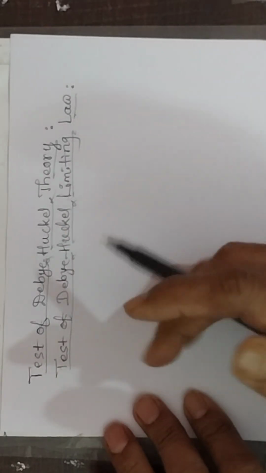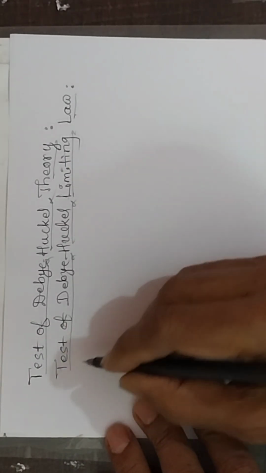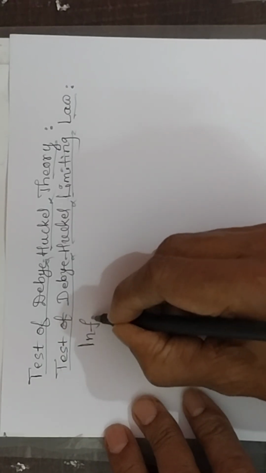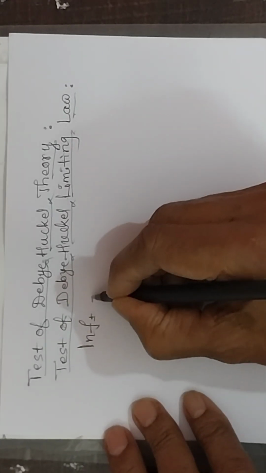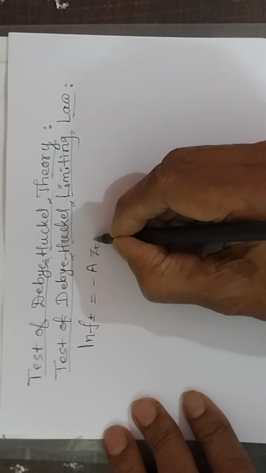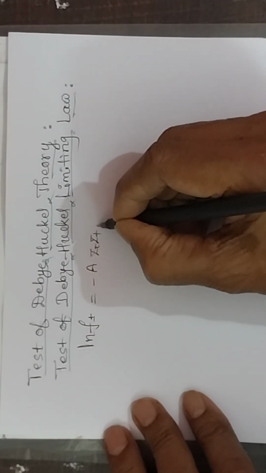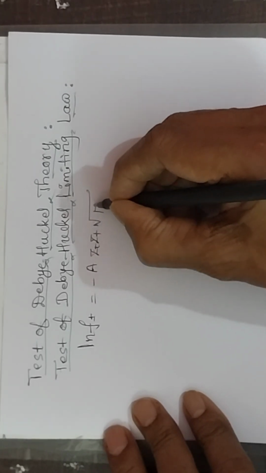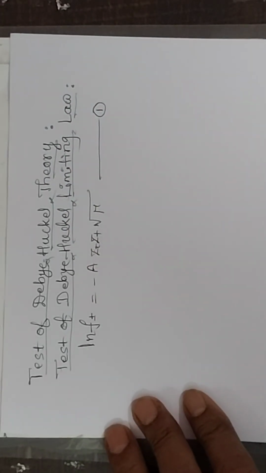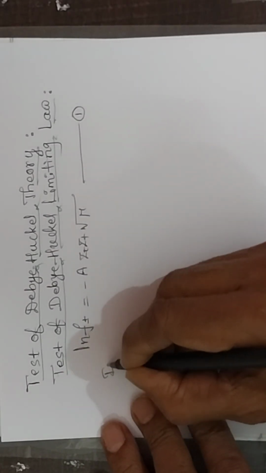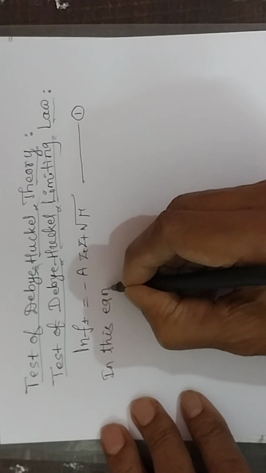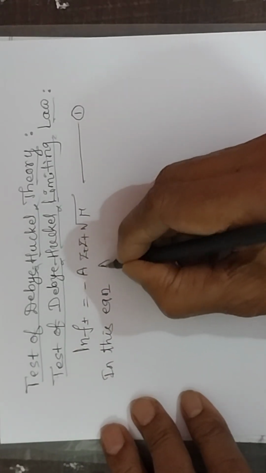In the above Debye Huckel limiting law, that is ln f plus or minus is equal to minus a z plus z minus square root of mu, in this equation, a is constant.